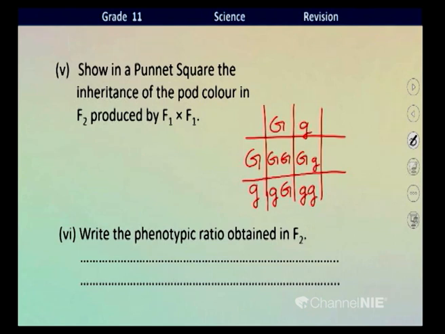This is the Punnett square. Then write the phenotypic ratio obtained in F2. What are the phenotypes here, children? Green pods and yellow pods. Green and yellow. Phenotype ratio 3:1. Okay. This is the answer, children.